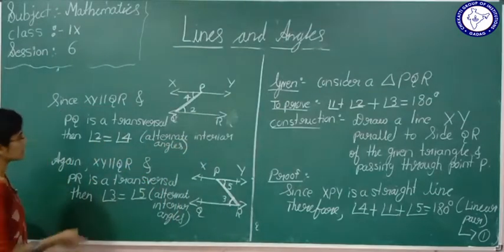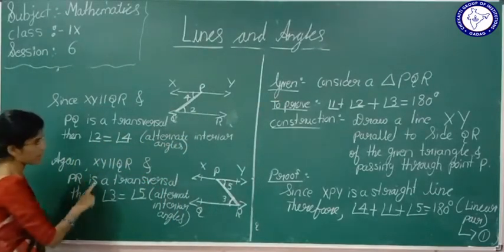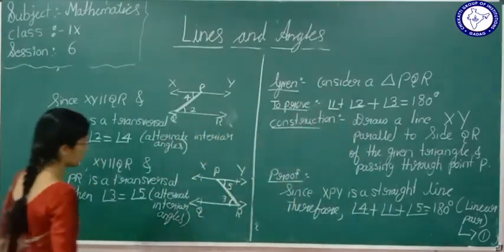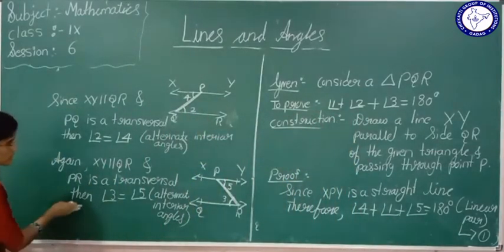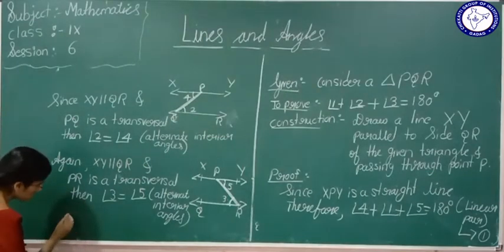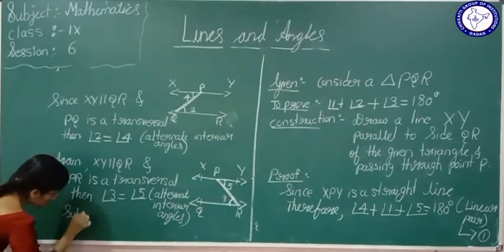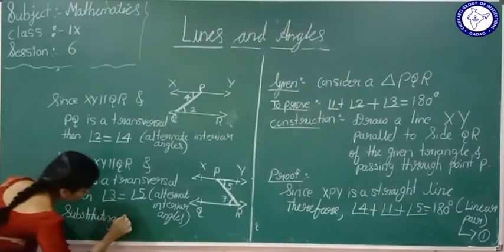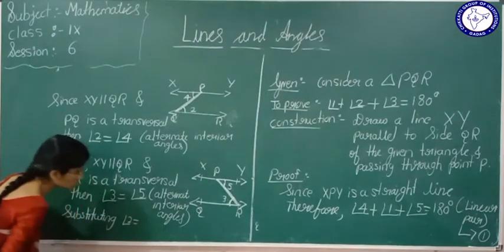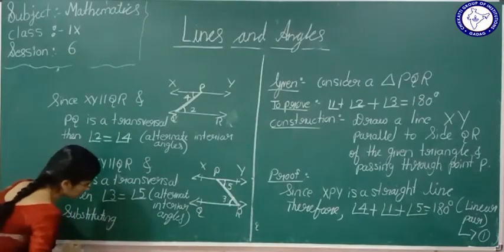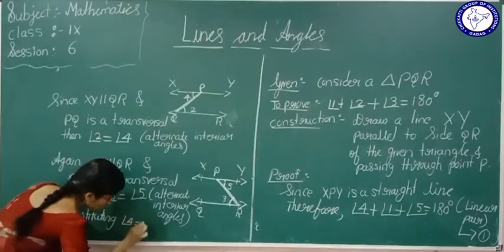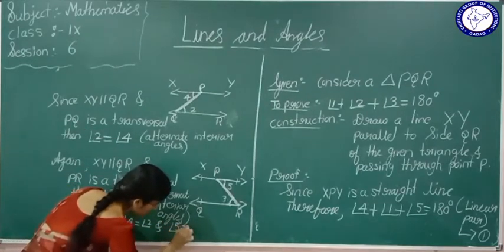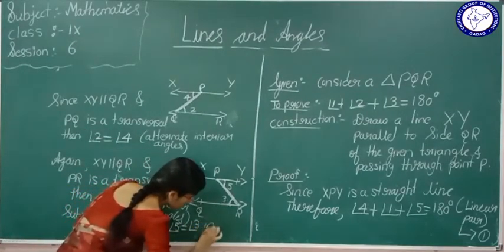Now see here, substituting these values in equation 1, what we will get? Angle 4 is equal to angle 2 and angle 5 is equal to angle 3 in 1.